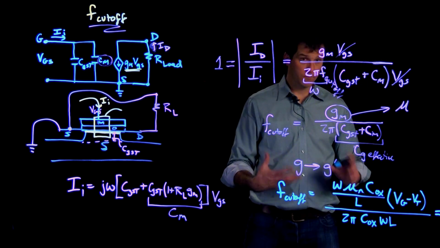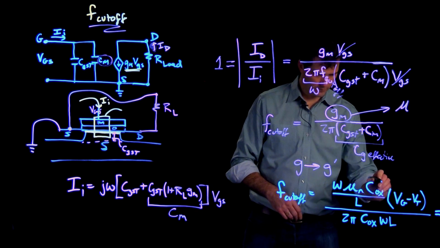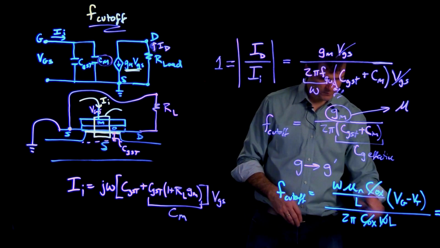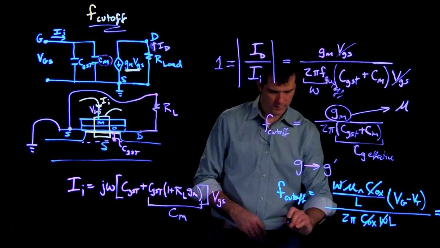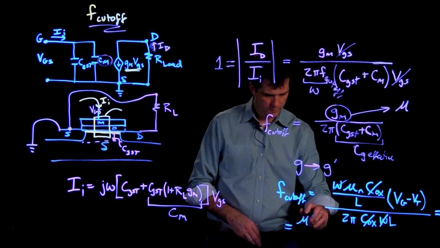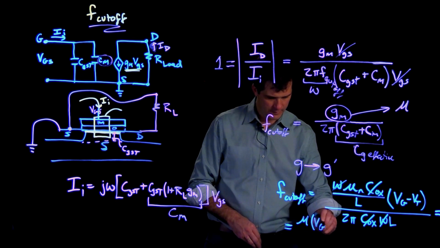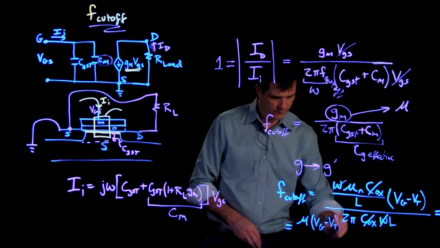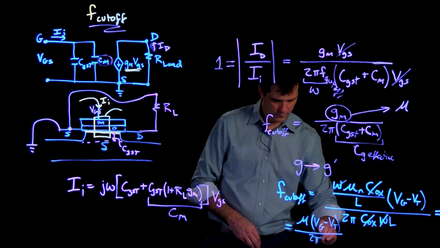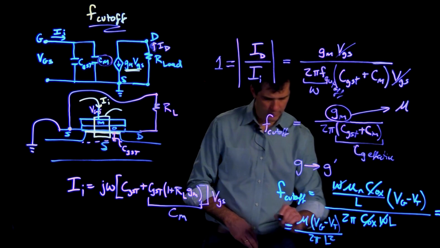So we can pull out some factors here, and in the end, we end up with mobility times V gate minus V threshold over 2 pi times L squared.